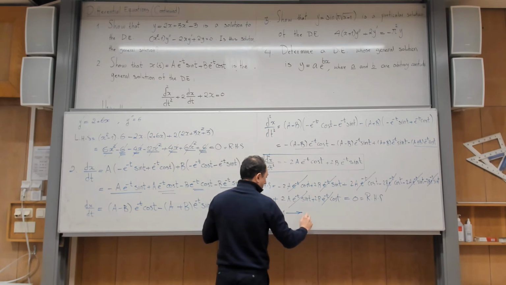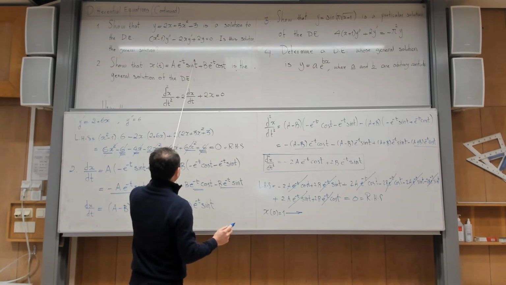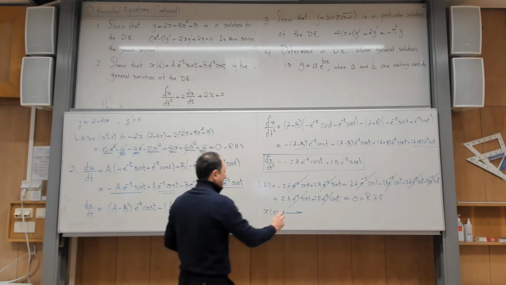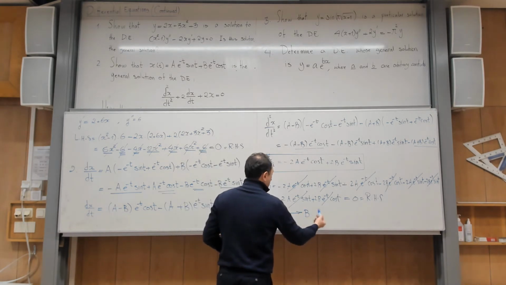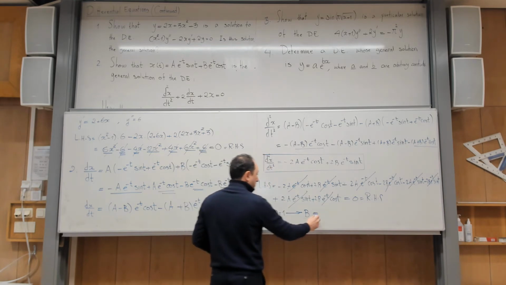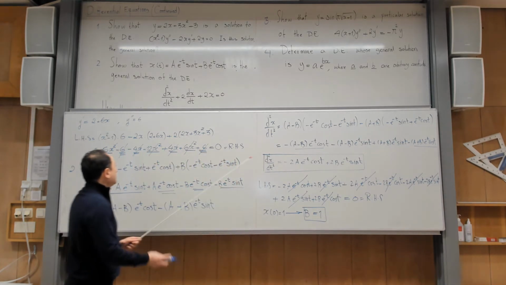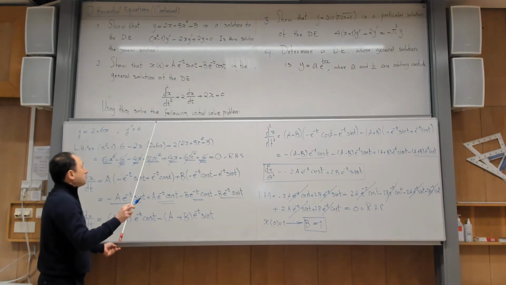So this gives me, if instead of t I put 0, sine 0 is 0. So this is totally gone. And then this becomes b. E to the power minus 0 is 1. Cosine of 0 is also 1. So the left-hand side becomes b. The right-hand side is supposed to be 1. So I got b equals 1. Yes, that is this condition.